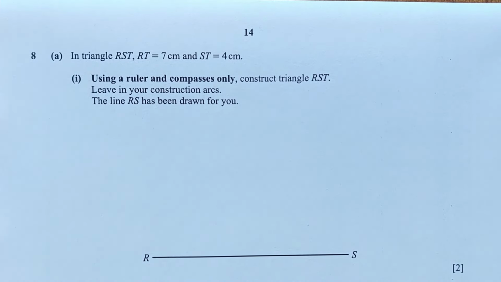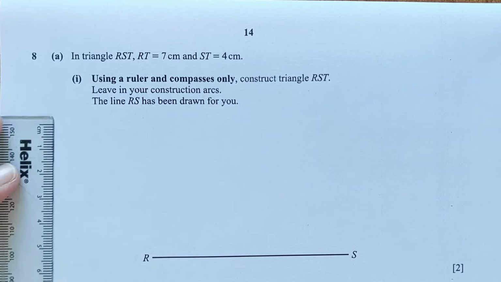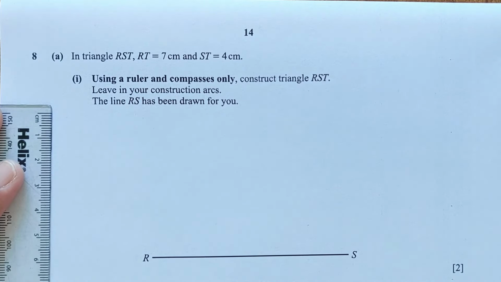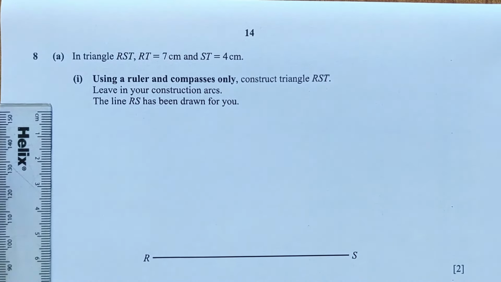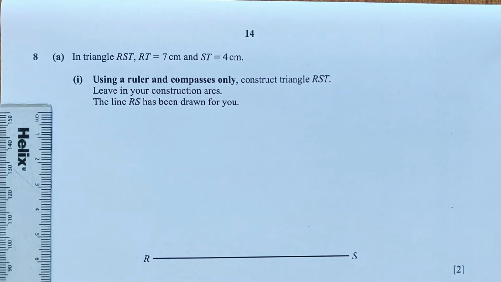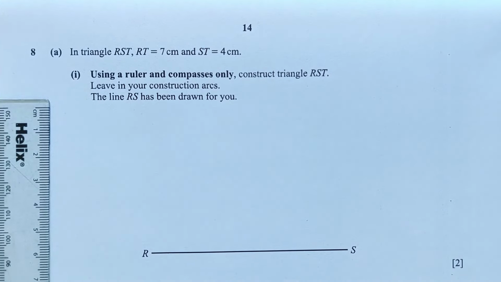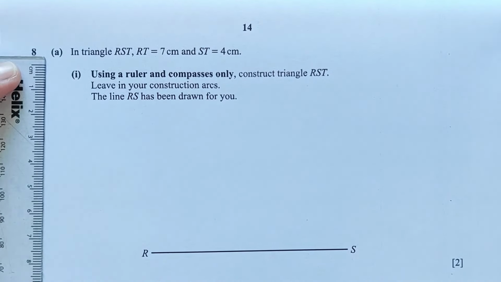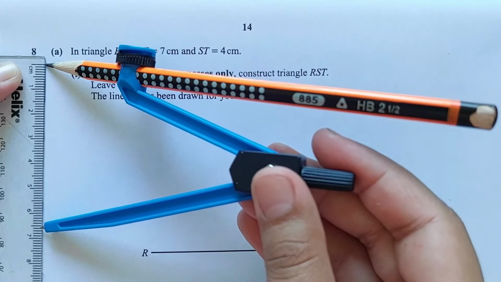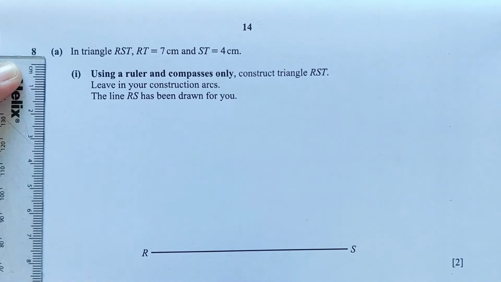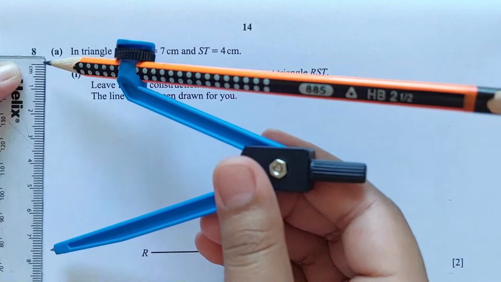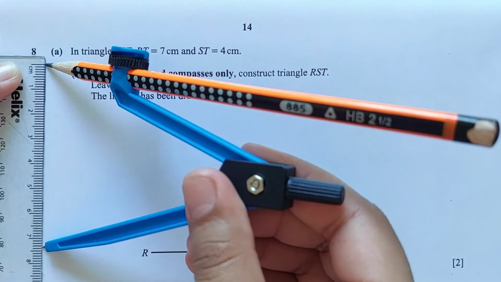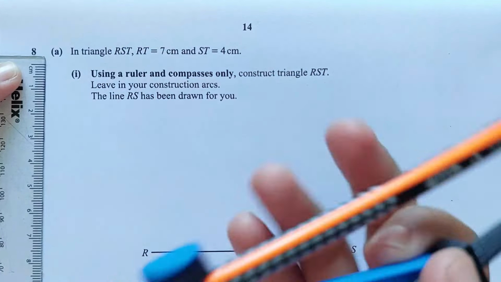We need a ruler to measure the centimeters and open the compass to a length of 7. So you can see the ruler. These are in centimeters. Open the compass to a length of 7 centimeters, a little bit more. This is more than 7.